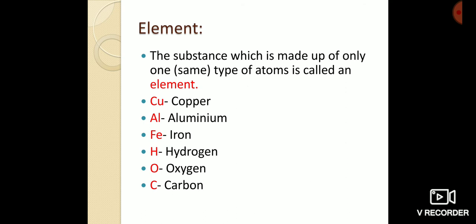The most common elements are hydrogen, oxygen, nitrogen, carbon, copper, aluminium, iron, gold, silver, etc. And each element is represented by a unique symbol. For example, copper is represented by Cu, aluminium is represented by Al, iron is Fe, hydrogen H, oxygen O, and carbon C. Okay.